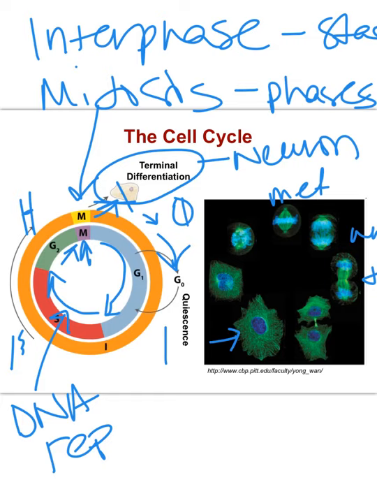This one's going to be telophase. And this is cytokinesis. They've broken up the phases into multiple steps. I don't care. We're not going to worry about the phases. We need to understand the cell cycle to understand how stem cells work, but that's about it.